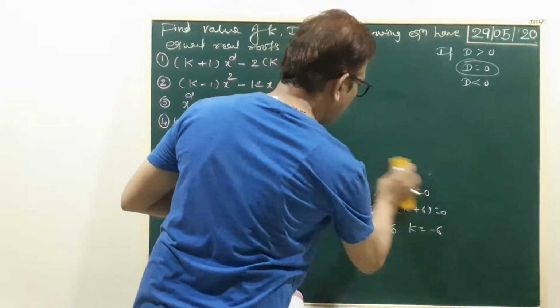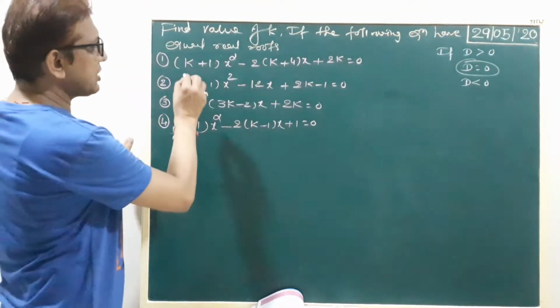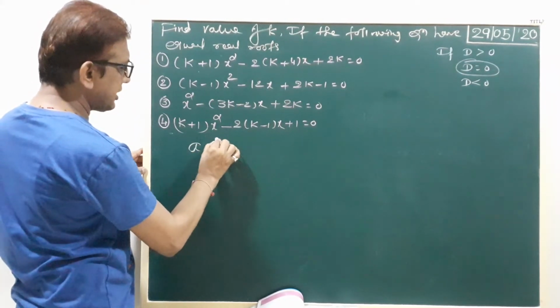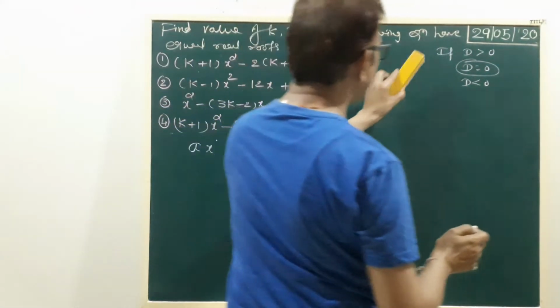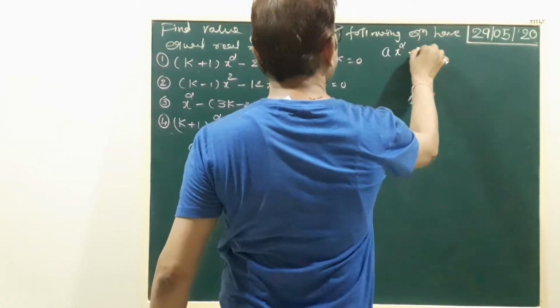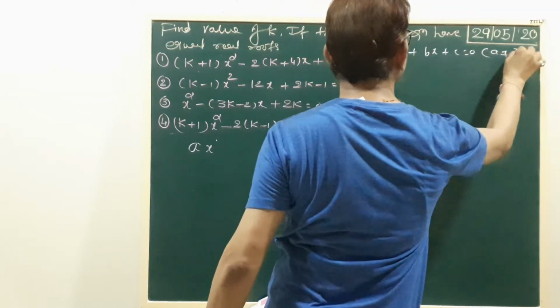Okay. Now look here, first question. First we compare with the standard equation. Our standard equation is ax square plus bx plus c equals 0 where a is not equal to 0.